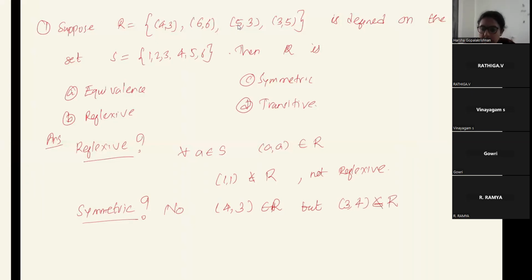If AB is in the relation, then BA should also be in the relation. Here, that condition is not satisfied. We have an example here, so we can say this is not symmetric.